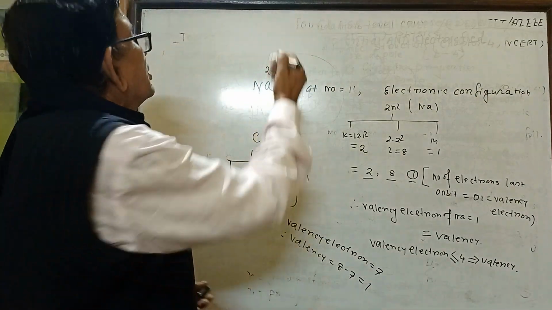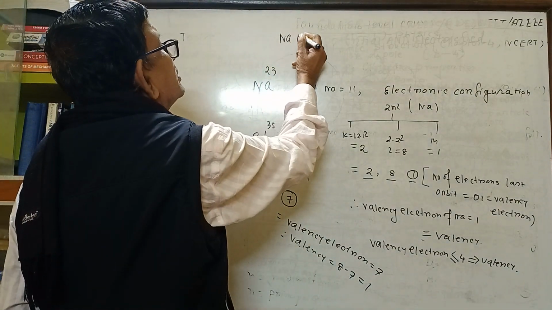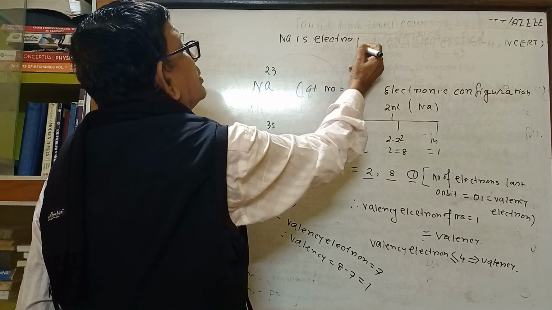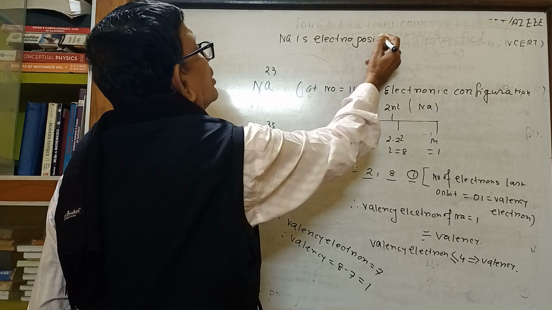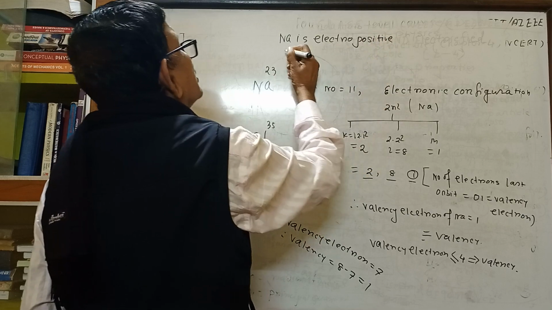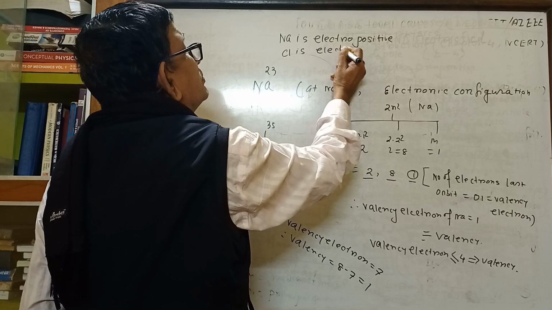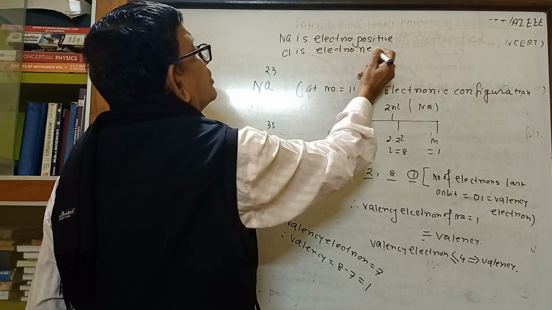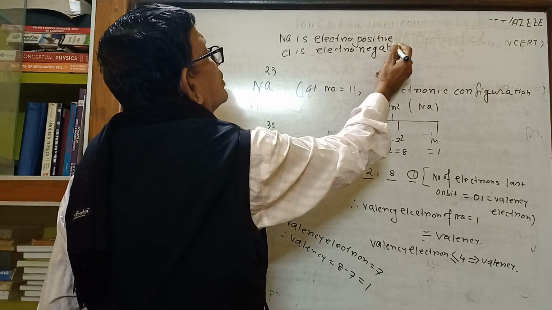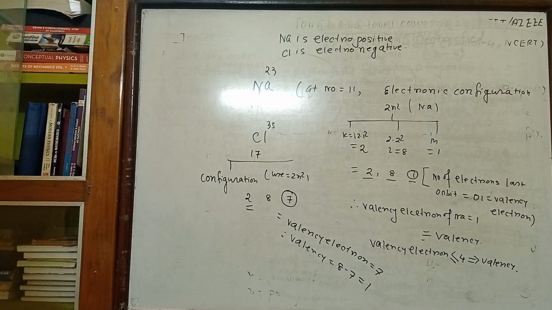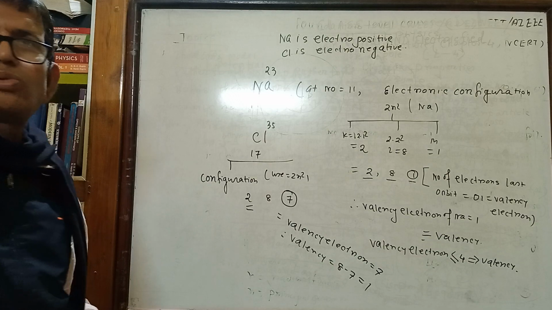So here sodium is electropositive and chlorine is electronegative. In gist, sodium is electropositive and chlorine is more electronegative.